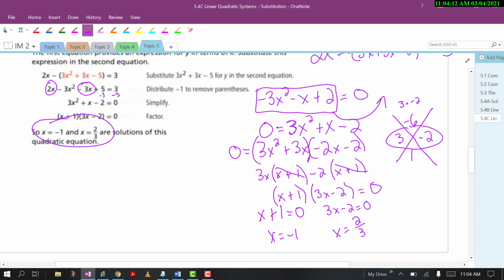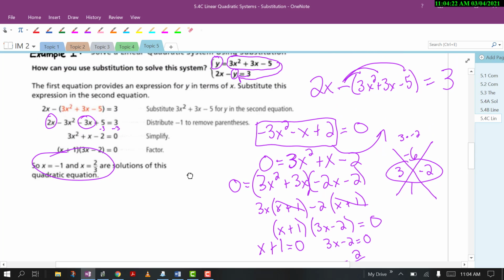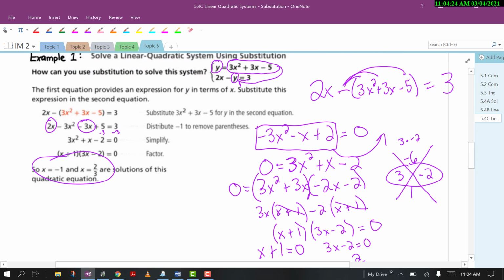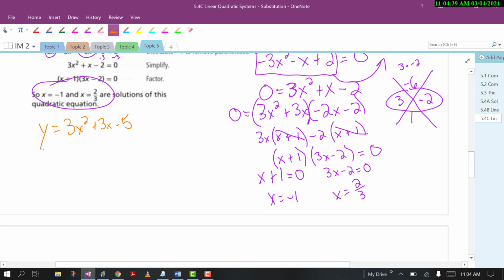So same thing that we've been doing. Now we still need to find our y values. I don't know why the book didn't do that, but they didn't. So we've got to substitute them in. Now which equation is going to be easier to substitute them in for? Either one's probably not too bad. I'm going to use the first equation just because it's already set equal to y. So we're going to use this equation, and we're going to substitute in both x values.